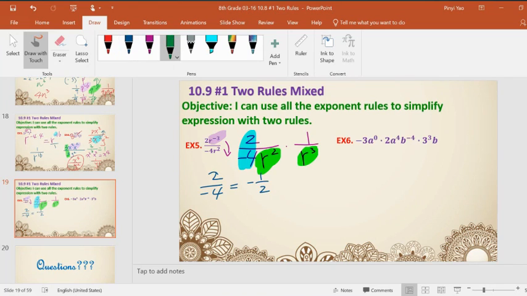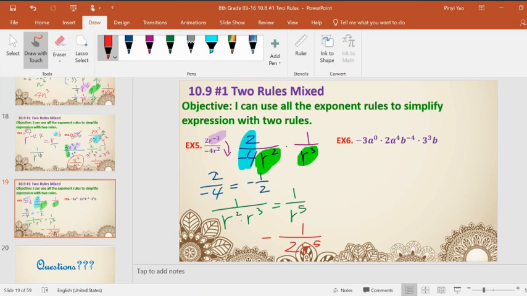As for the r squared and r cubed, they're both on the bottom. We add the exponent, that gives us 1 over r to the 5th power. Last thing, just put everything together. Negative sign stays in the front. We have 1 on the top and 1 on the top, which just becomes a 1. And we have 2 r to the 5th power on the bottom.